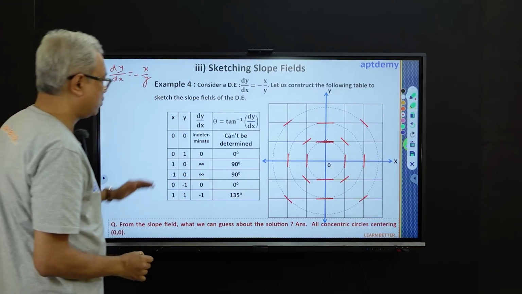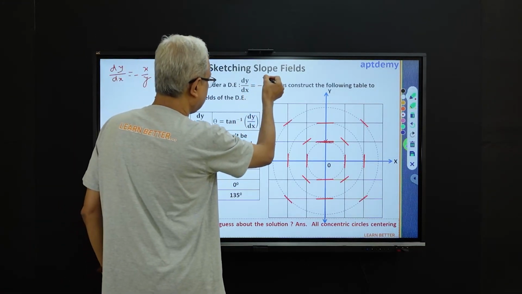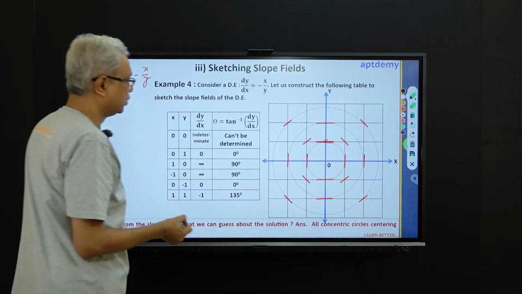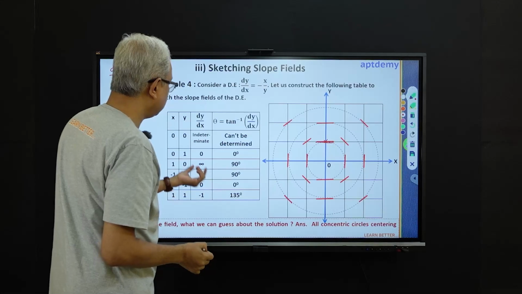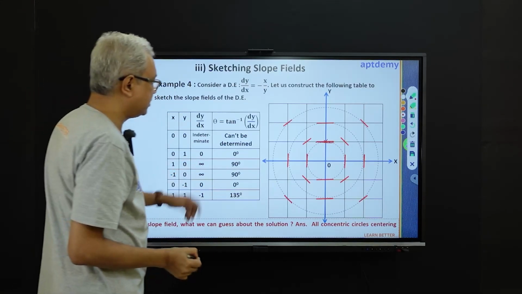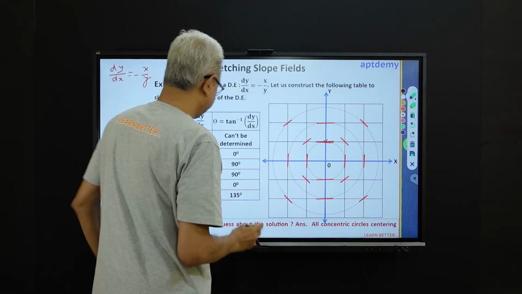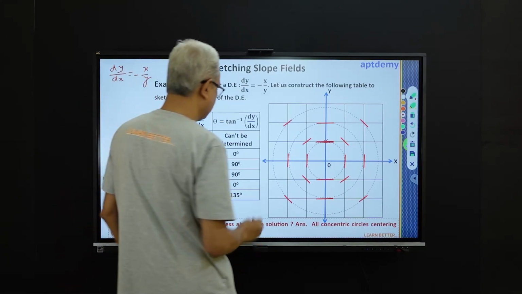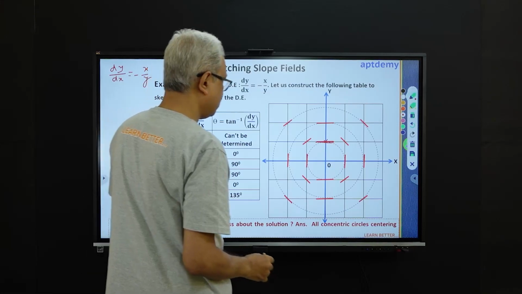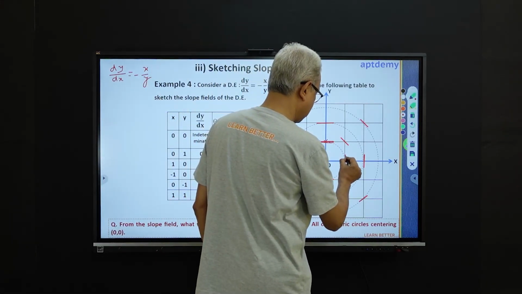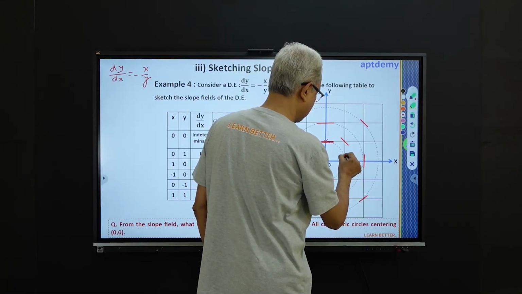The 1, 0 point, x equal to 1, y equal to 0. So dy dx becomes infinity sort of thing, and that means it is making an angle of 90 degrees with the x axis. So the tangent line will be like this.